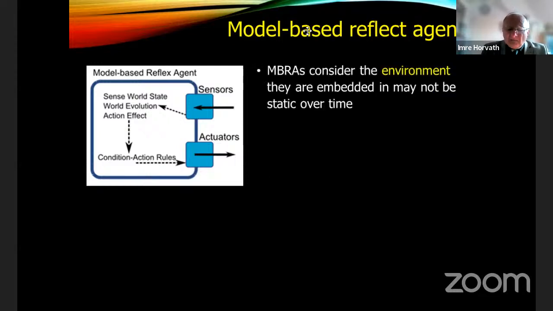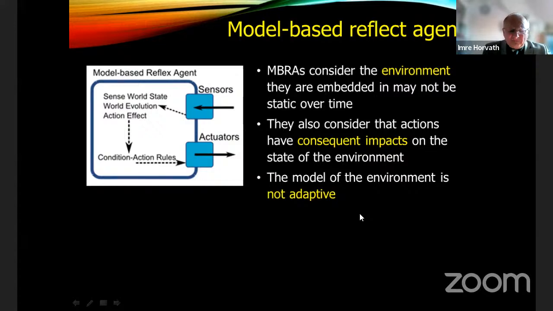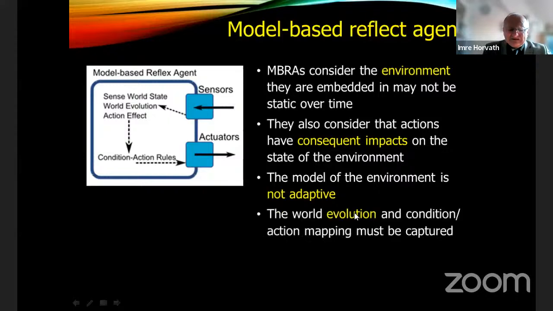So the model-based reflex agent considers the environment it is embedded in. This environment may not be static over time, and it also considers that actions have a consequential impact on the state of the environment. The model of the environment is not adaptive. There is one predefined model, and the agent is forced to use this, otherwise the agent would be adaptive.